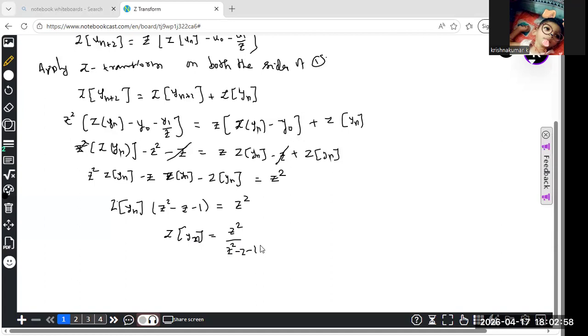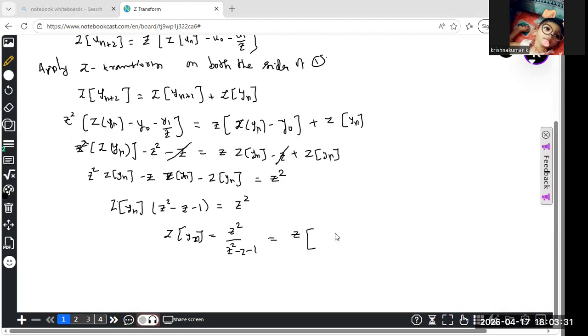So far we have discussed only the partial fraction method to find the inverse z transform. So therefore you try to use the partial fraction method to find this inverse z transform. As I told you earlier, the resultant expression of the z transform will contain z in the numerator. So therefore, we just keep one z in the numerator and take the partial fraction for the rest of the function.